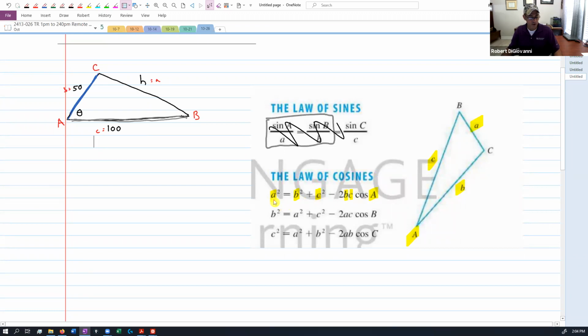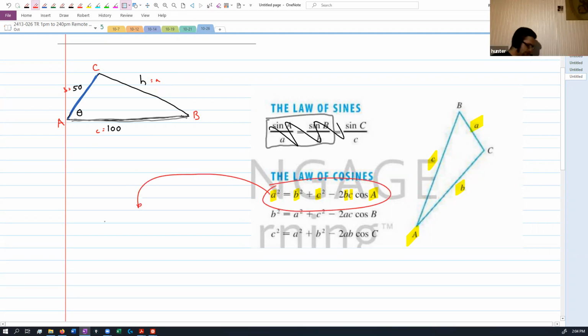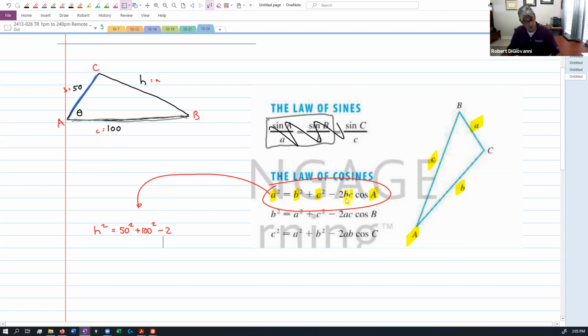What's A for us? Theta. What's little a? Little a is h. So using this formula, I would have little h squared equals b squared, and b is 50, so 50 squared, plus c squared, c for us is 100 squared, minus 2 times b, which was 50, times c, which was 100, times cosine of A, and A for us is the angle theta.